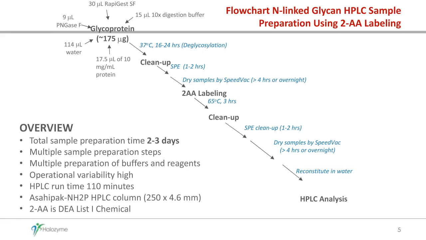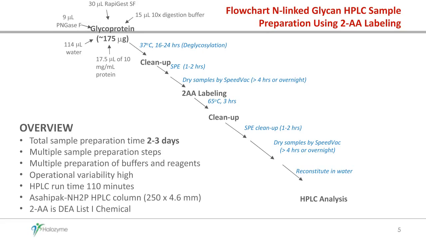So just to give you a quick overview, this is our glycoprotein. We use about 175 micrograms, and then the denatured protein is treated with PNGase at 37 degrees, and the deglycosylation historically has been 16 to 24 hours. Then we have a cleanup step where we use a cleanup cartridge, an E-cartridge, and that takes about 1 to 2 hours depending on the amount of samples that we have.